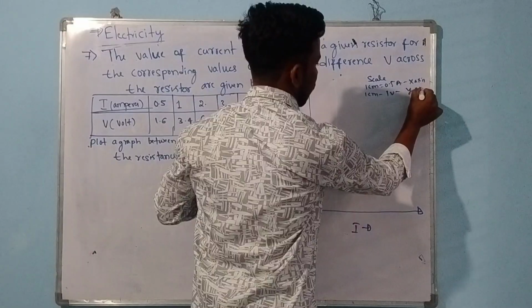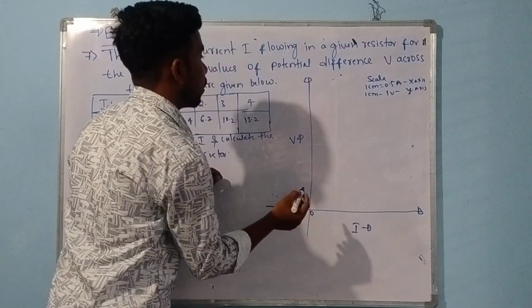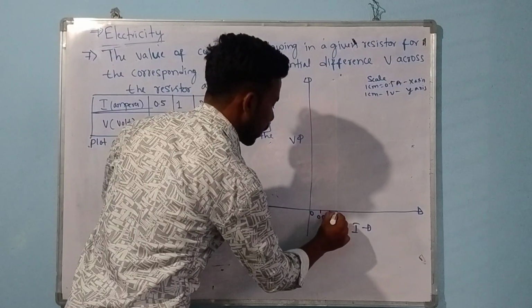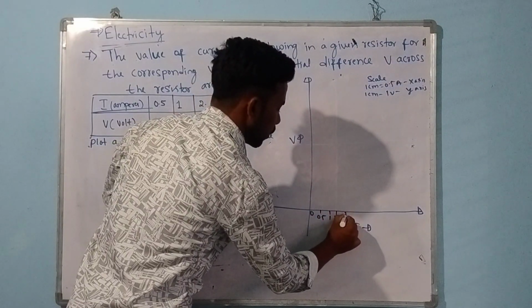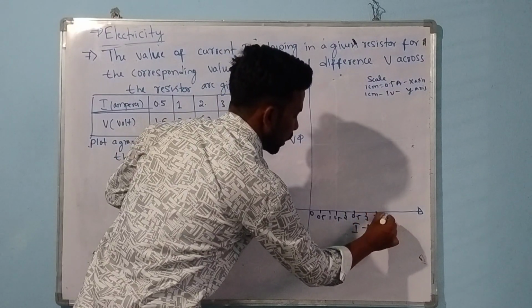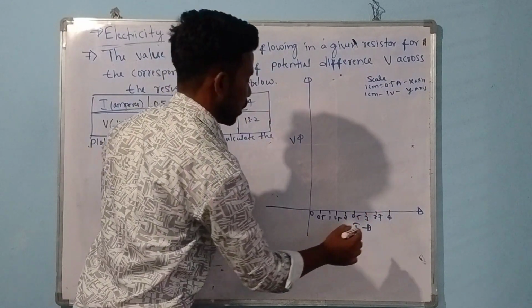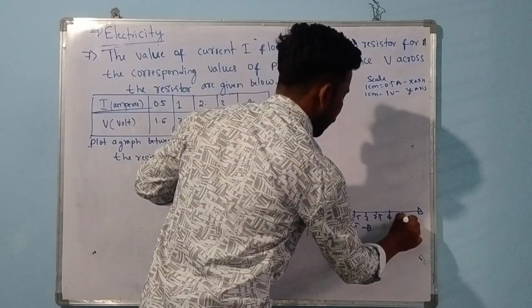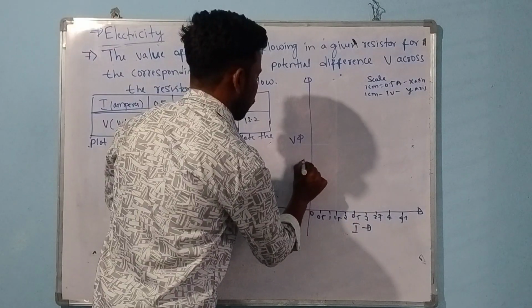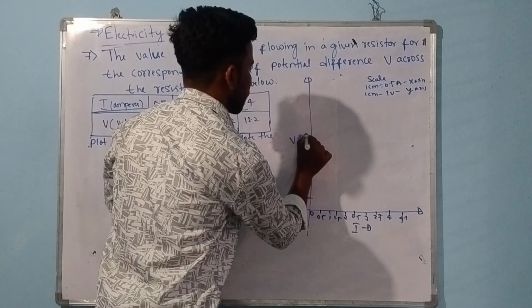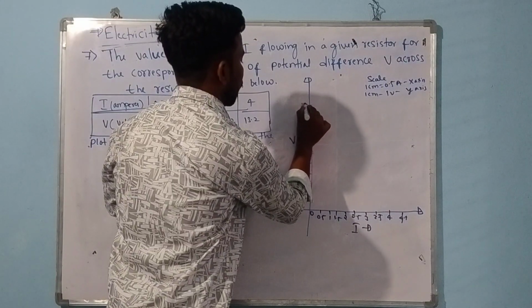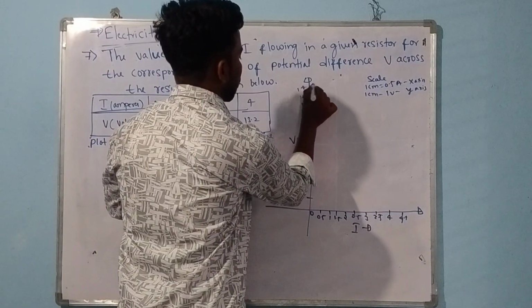So 0.5, 1, 1.5, 2, 2.5, 3, 3.5, 4, 4.5. And here, 1, 2, 3, 4, 5, 6, 7, 8, 9, 10, 11, 12, 13, 14.